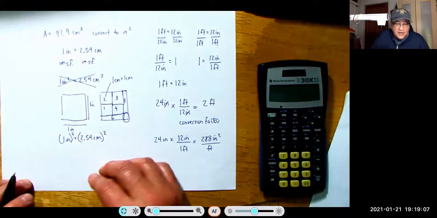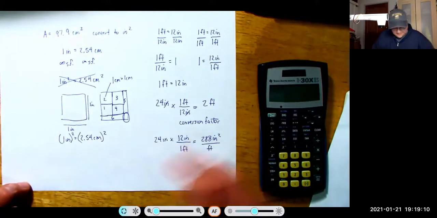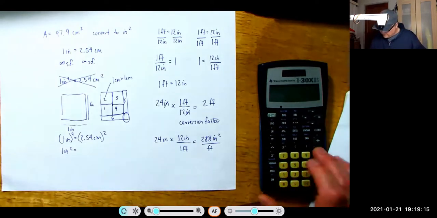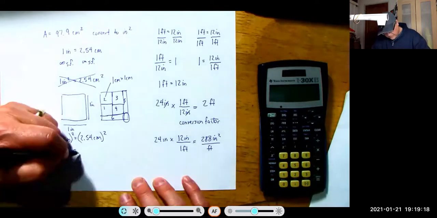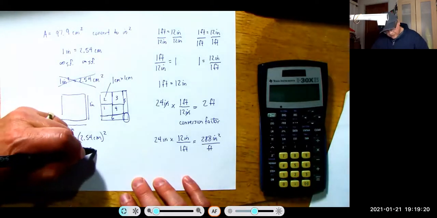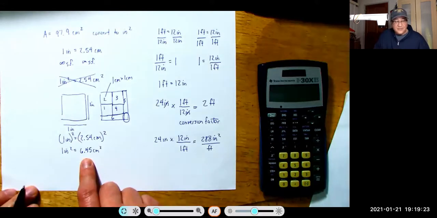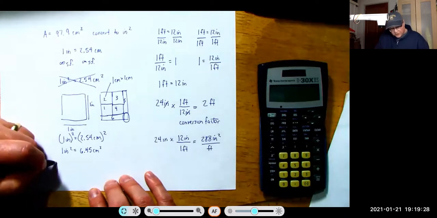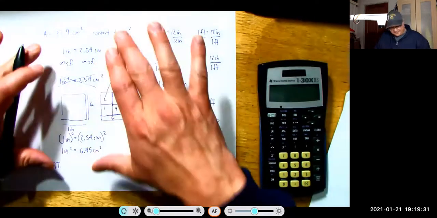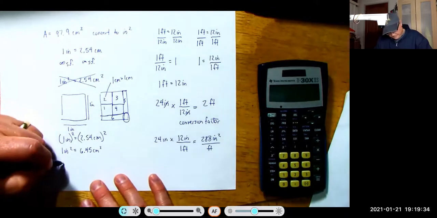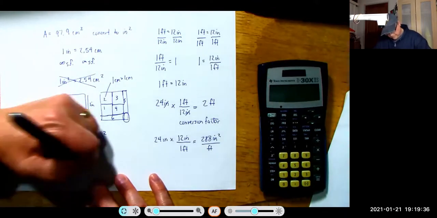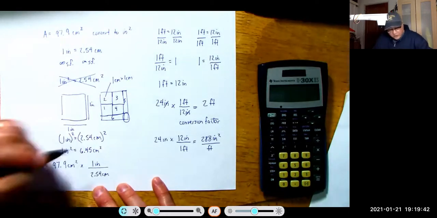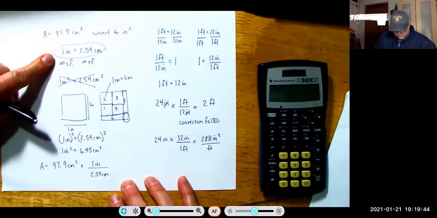Remember how I said the rule in algebra is if you square one side, you've got to square the other? We can use this, but I don't want to use that. Let me show you another way so that we don't have to deal with all of this. So this is gold, which means this is gold.